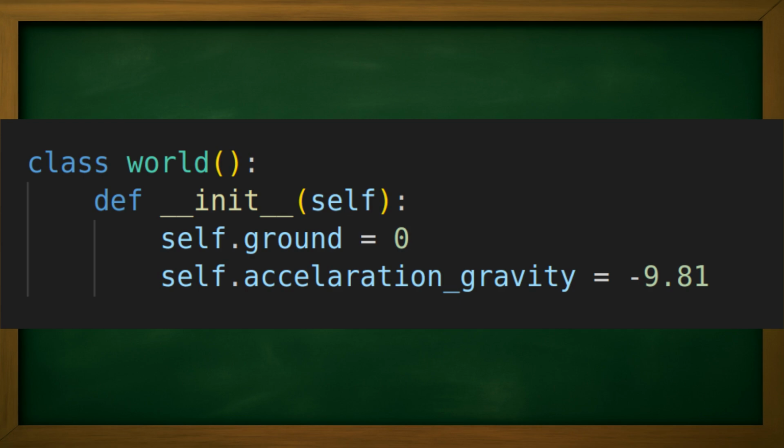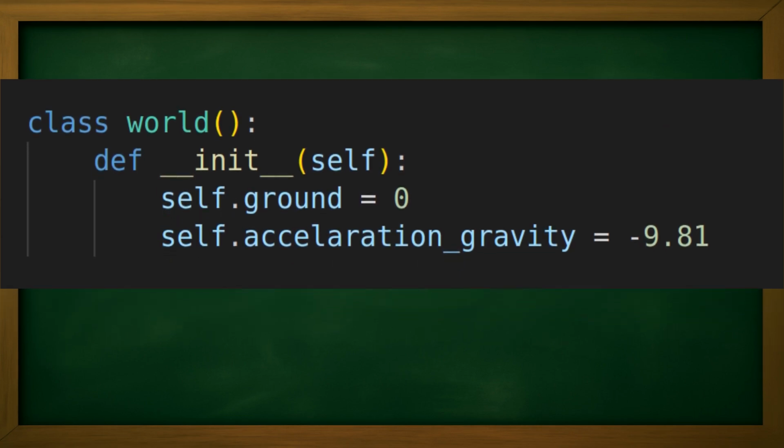Notice that the init function has self as an argument and the ground and acceleration underscore gravity variables are prefixed with the self parameter and a dot operator, indicating that these are members of the class world.